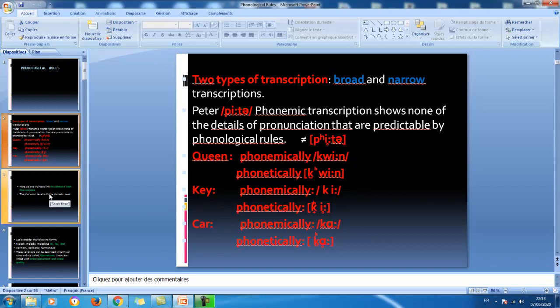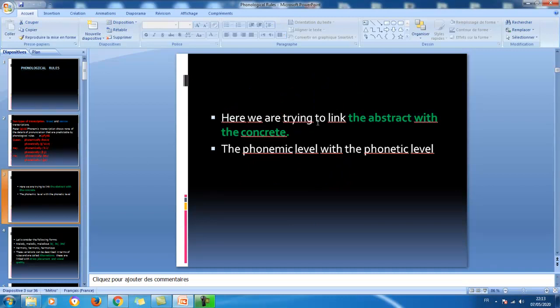Now, in doing so, we are trying to link the abstract with the concrete. We know that the nature of the phoneme is abstract, as opposed to those realizations or allophones that we produce, which are the concrete realizations, what we actually say, what we utter, what we produce in speech. The allophones are the realization, they are concrete. Now those phonemes that we store in our mind are abstract.